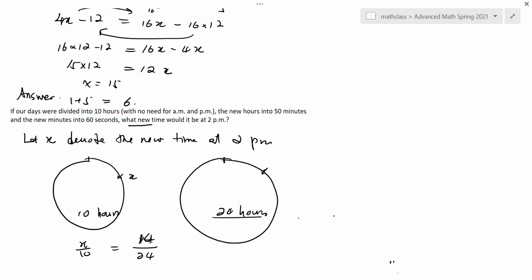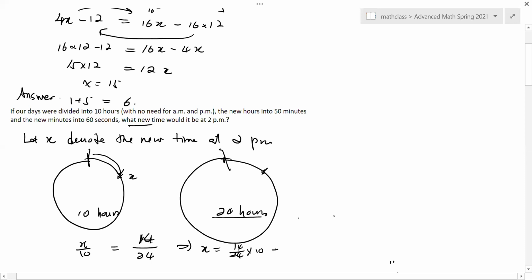So from midnight to X, compared to 10 hours, should be equal to 14 hours over 24. Once you set up this equation, you can solve it. X is going to be 14 over 24 times 10.